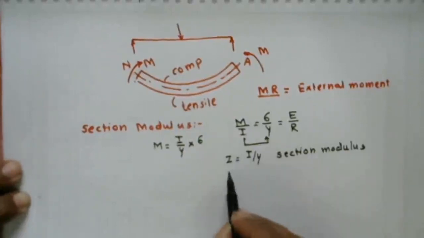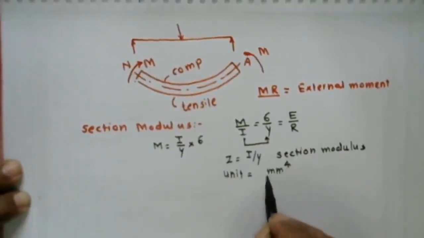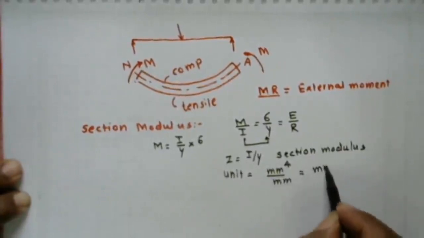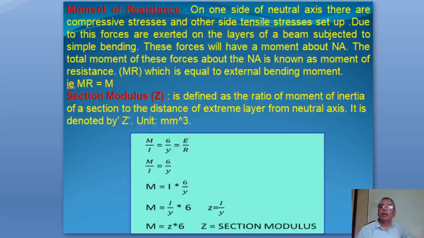The unit of moment of inertia is mm raised to 4, distance is measured in mm, so this unit becomes mm cube. So here we have seen moment of resistance and section modulus.